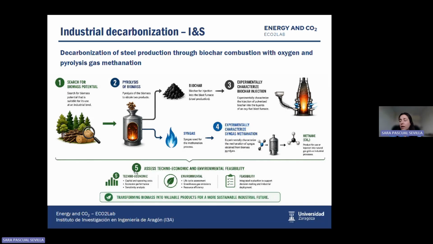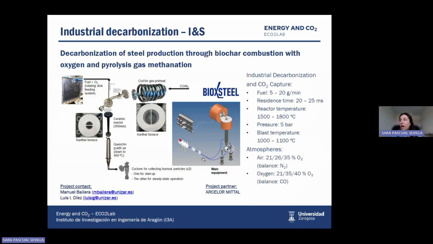And again, in all of our projects, we have to assess the techno-economic and environmental feasibility of this proposal. This is the lab scale reactor that we have to perform these experimental steps.